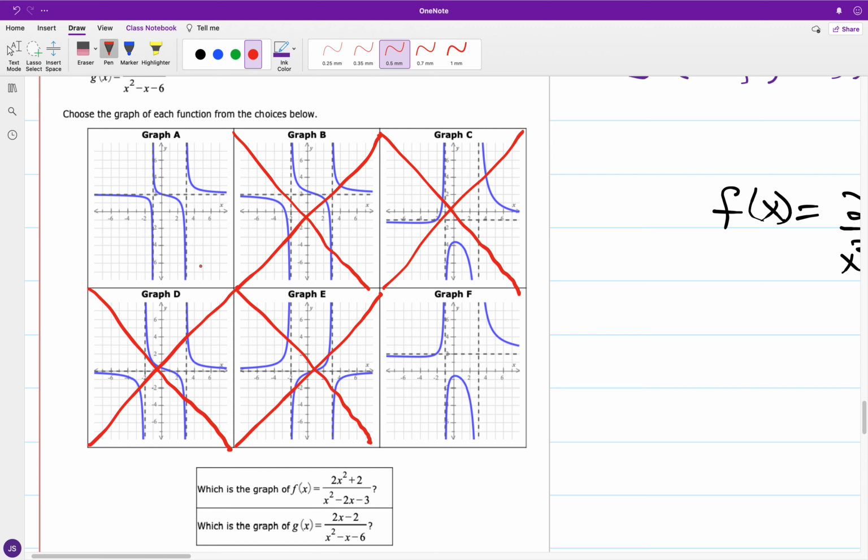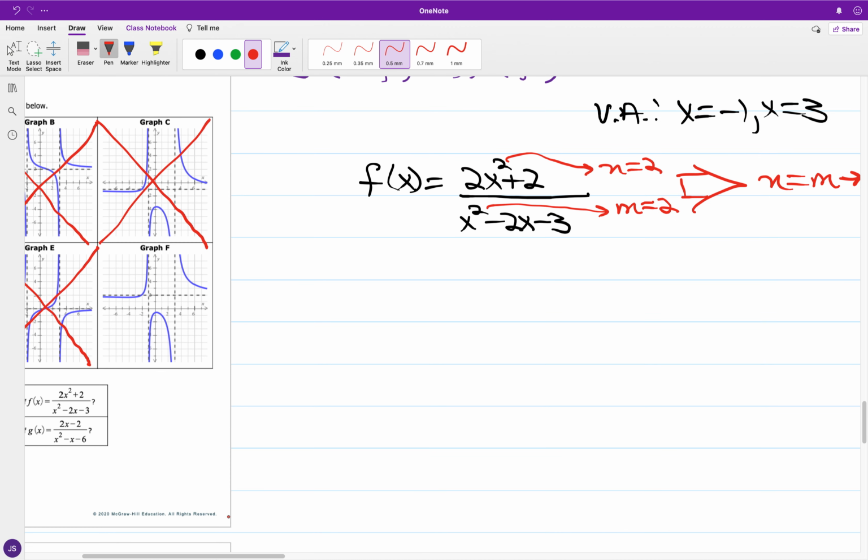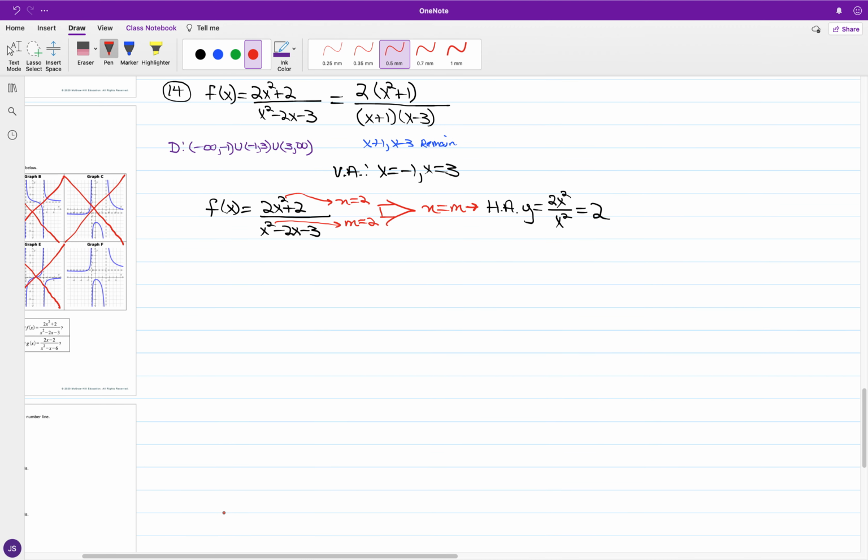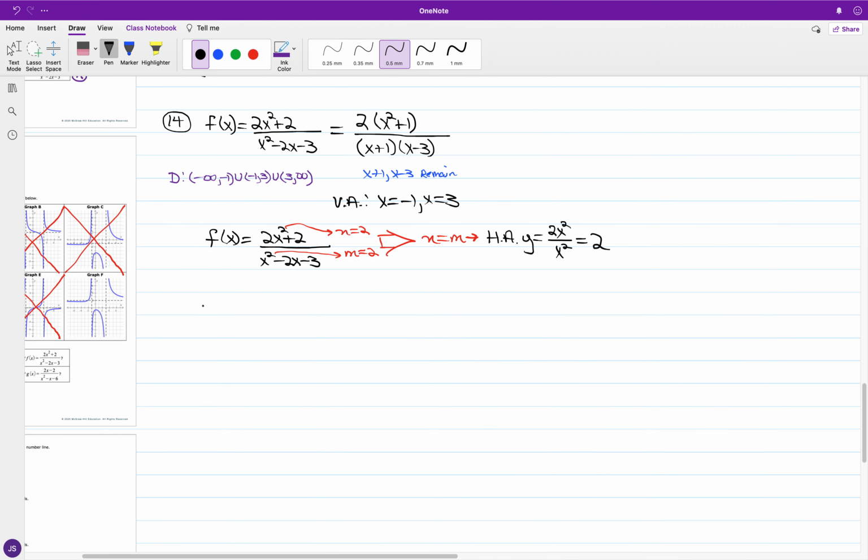And it's going to essentially come down to the y-intercept. Notice in graph A, its y-intercept is positive. And for F, the y-intercept is going to be negative. Okay, so in terms of what we have here, for the y-intercept, so that y is equal to f of 0.